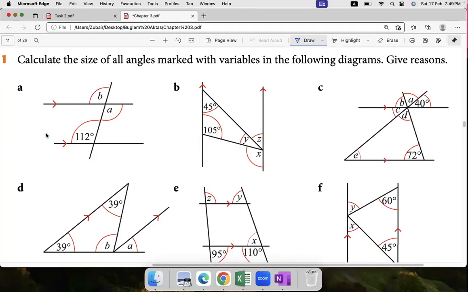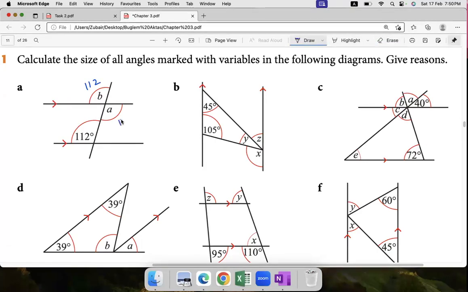112 equals B. Correct. And the name is corresponding. Correct, corresponding. And A equals 180 subtracted by 112, 112.